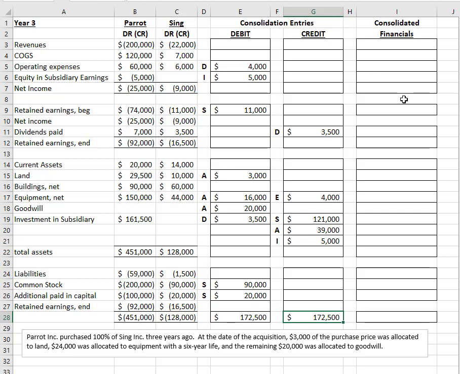Okay, so my debits equal my credits, so that part is good. So now I'm going to add up my credits, add debits minus credits. And so there's my little income statement there. And then this, of course, is a vertical rather than a horizontal total here.